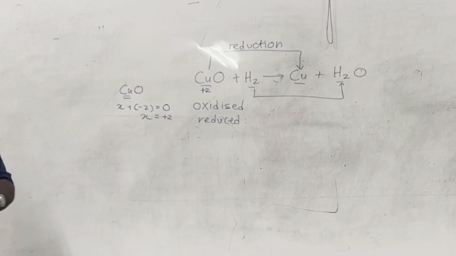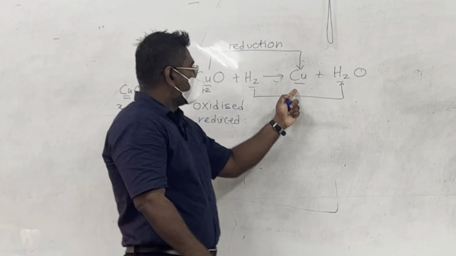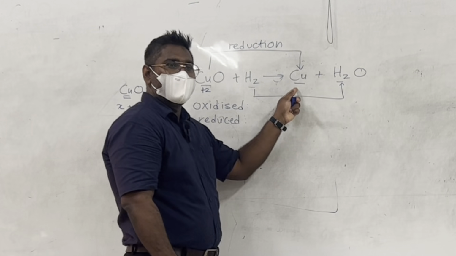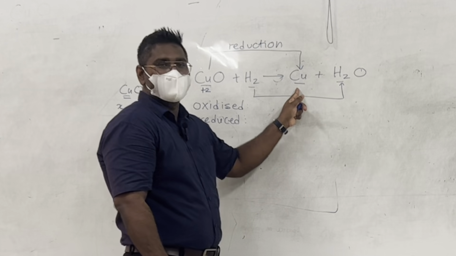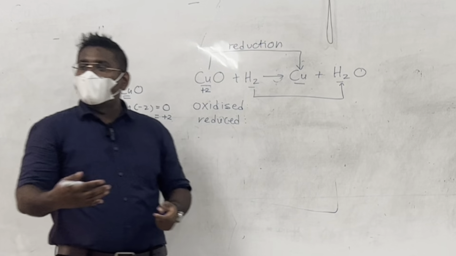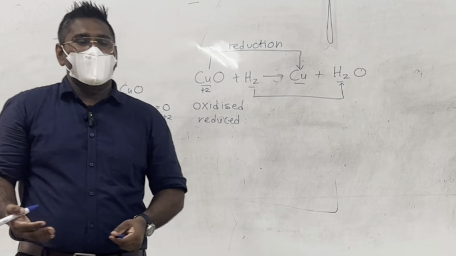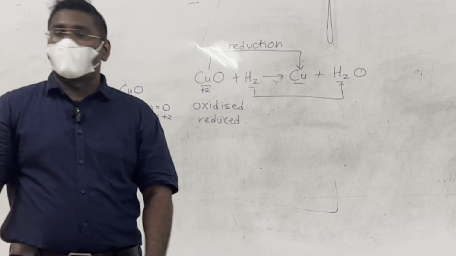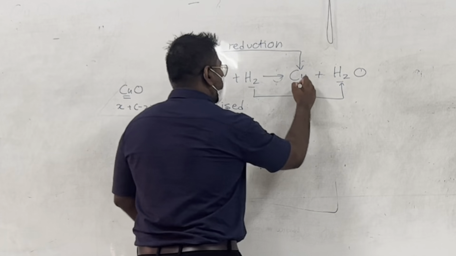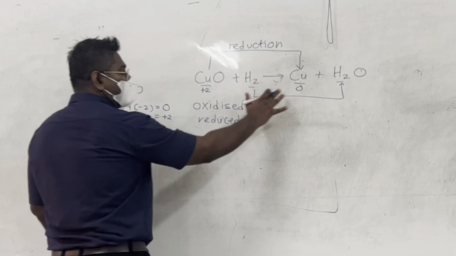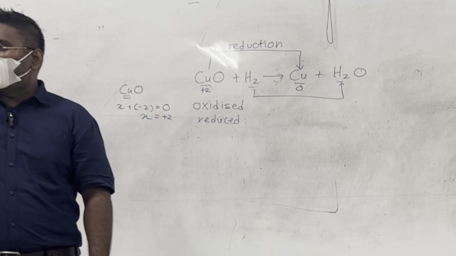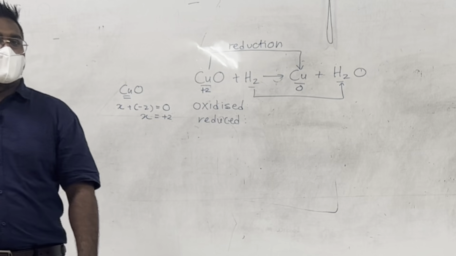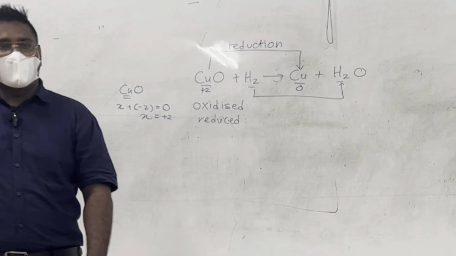When you have copper as an element, what is the oxidation number? Element oxidation number is 0. So +2 becomes 0. There is a decrease in oxidation number, so we say it's reduction.